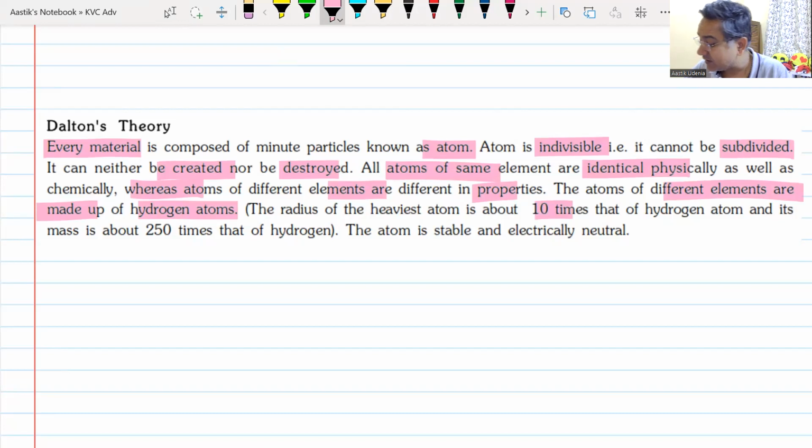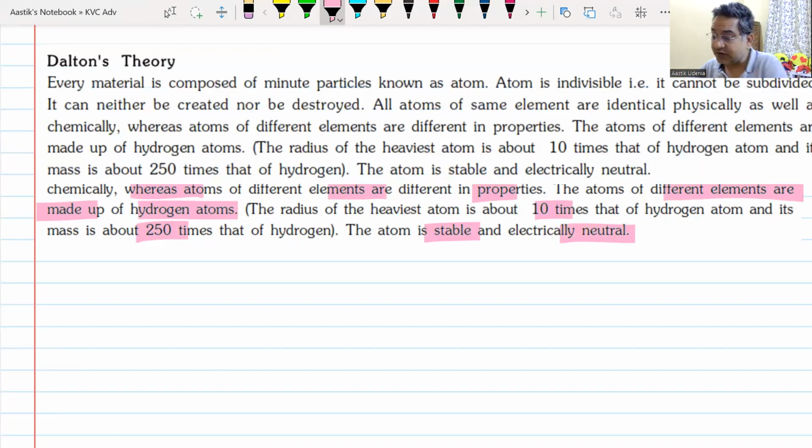The heaviest is 10 times, and the mass is about 250 times the hydrogen. The atom is stable and electrically neutral. As you can see, some part of what he said is correct, and not everything is correct, but some part is correct. Do we understand this?